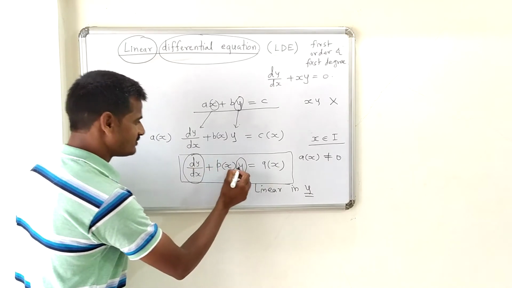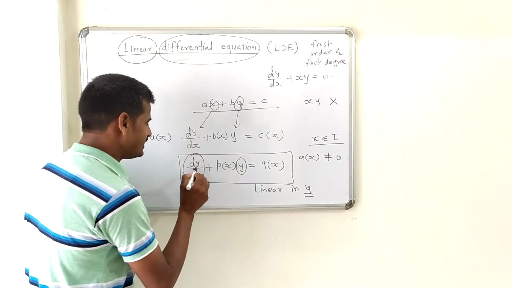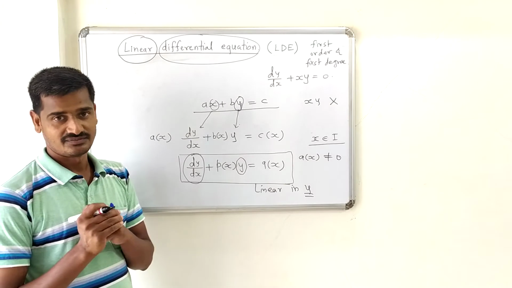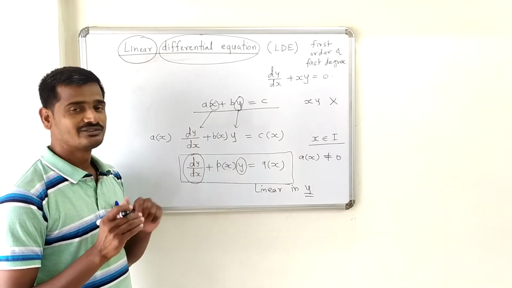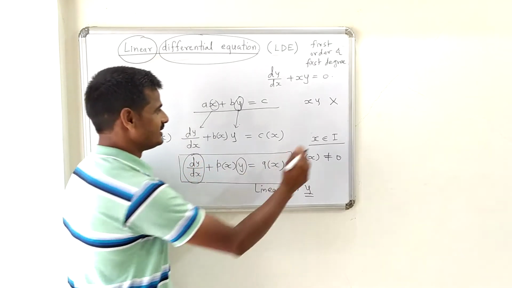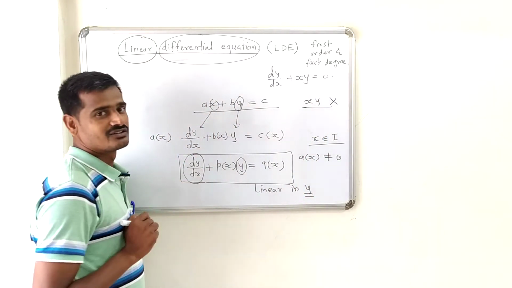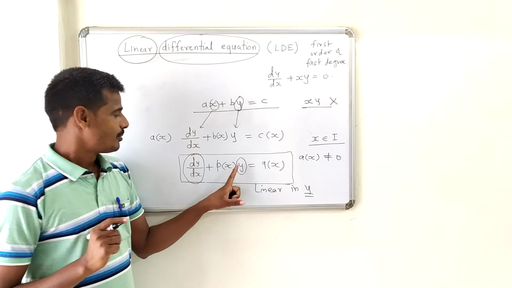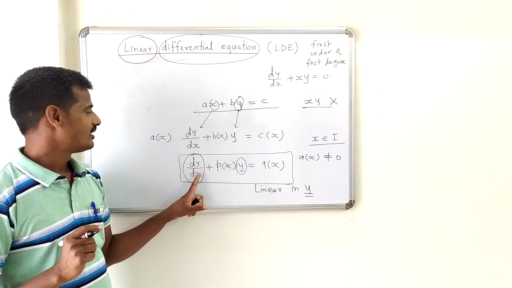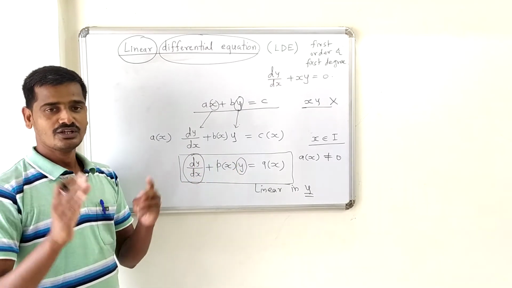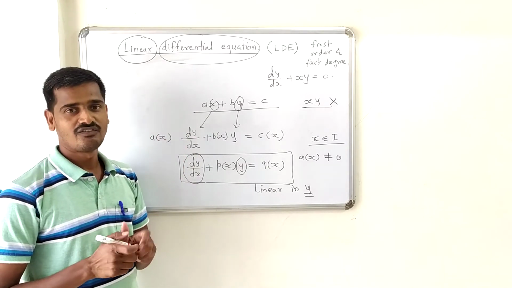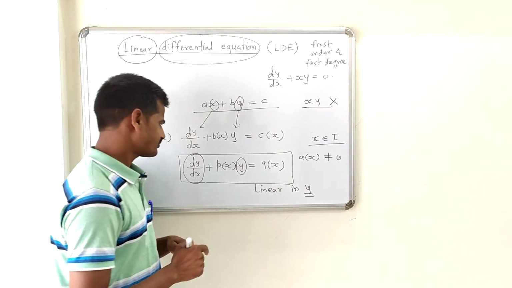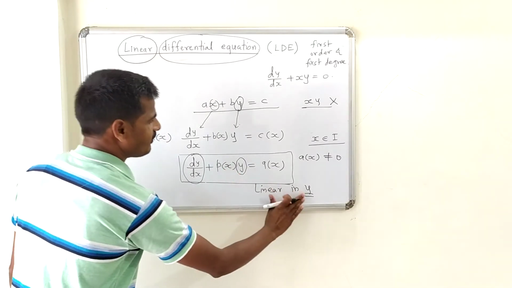So the degree of y is 1 and the degree of dy by dx is 1. There are three conditions. The degree of y is 1, the degree of dy by dx is also 1, and the product of y with dy by dx is not allowed. This is the theoretical definition of linear differential equation of first order and first degree. So this is linear in y.